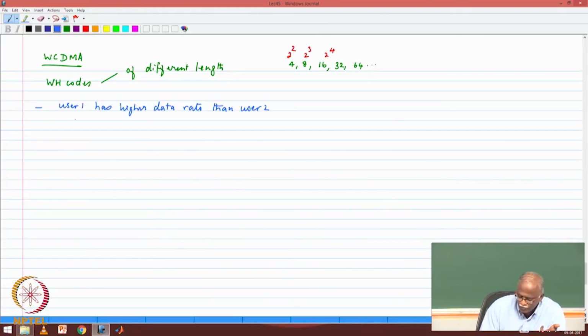Just one more line before we go to that point. This will also mean, which of them has got a longer spreading code? User 1 has got a higher data rate, so we will have a shorter spreading code, and user 2 will have the longer one. So, this is another way of saying that user 2 has got a higher spreading factor.